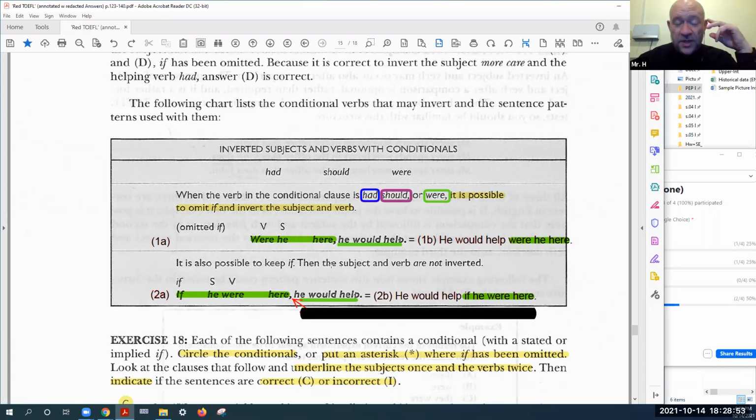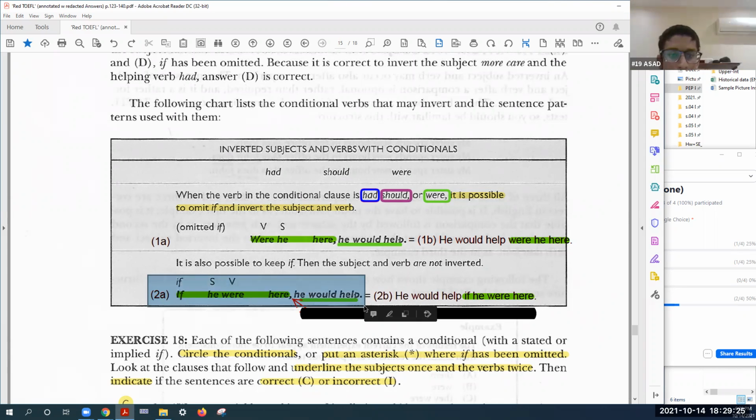Now people say "was"; if you watch movies and TV, you will hear it. Read this, but change were to was. If he was here, he would help.